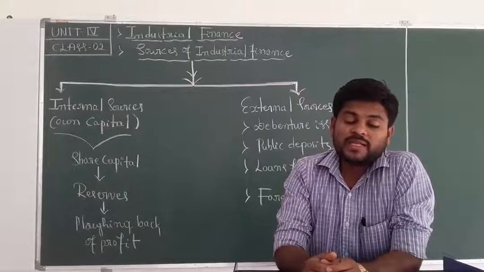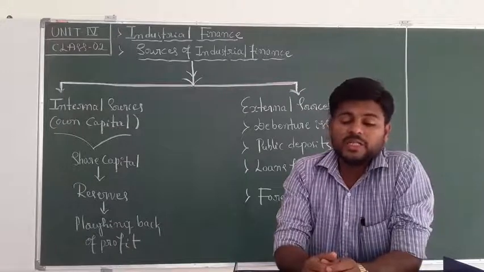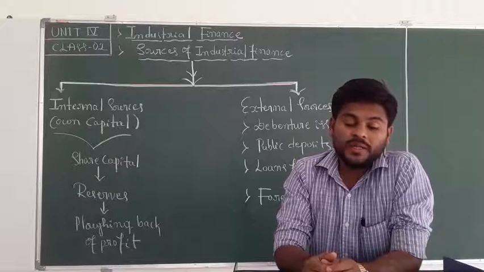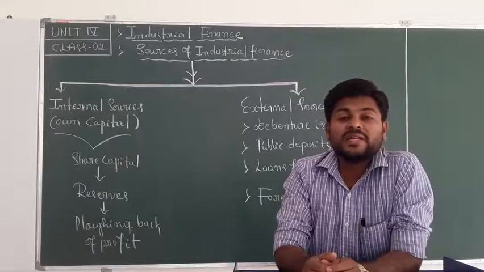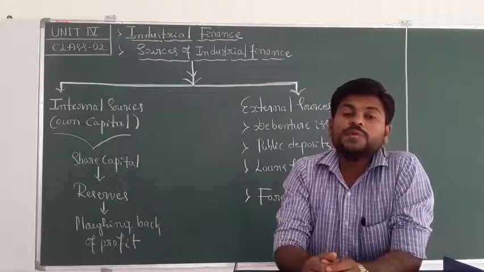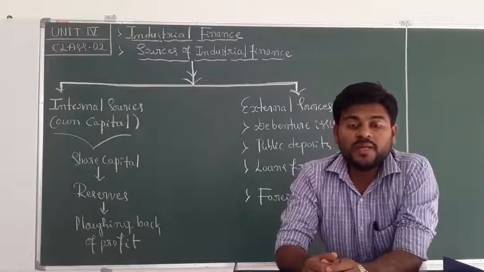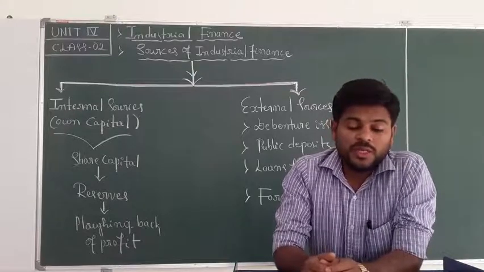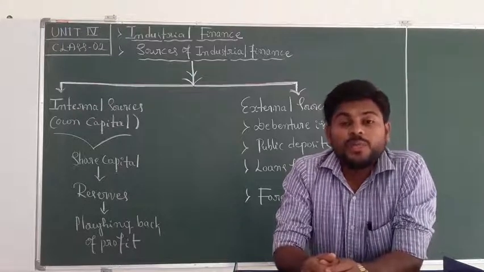According to this act, companies have a right to issue shares for building fixed capital. Therefore, the Companies Act 1956 provides for the issue of two types of shares. Those are mainly, first, preference shares and second, ordinary shares or equities.